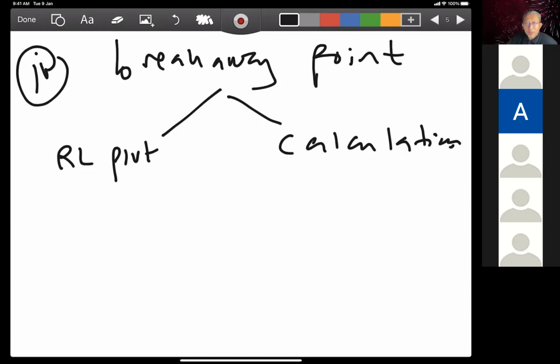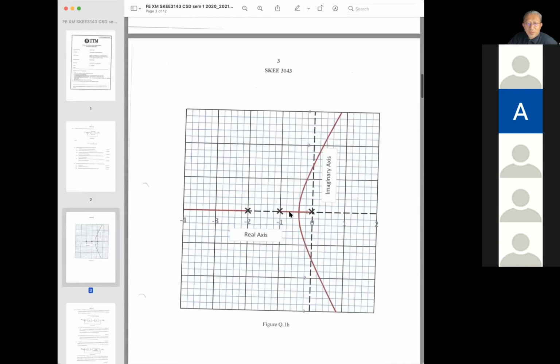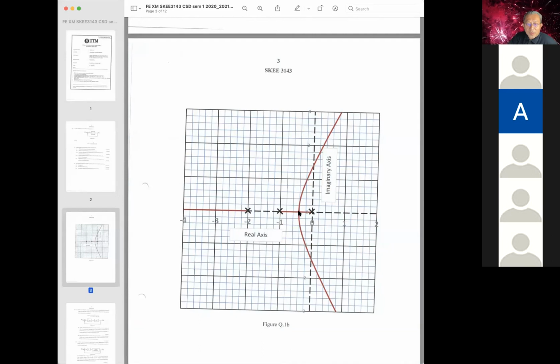You are not sure? The breakaway point is here. Here. 0.4. This one. Oh, negative 0.4. Okay, thank you.